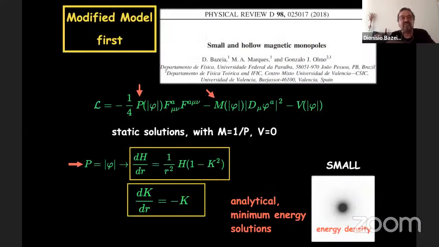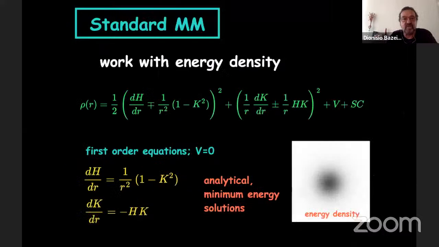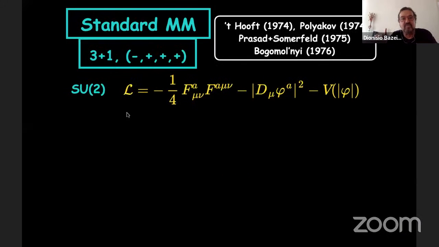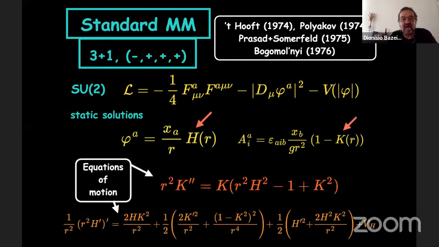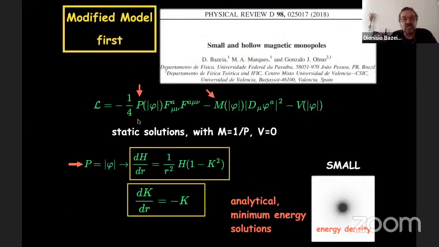Now I go to the first model we studied in this work. What we did was take the same SU(2) model, and we added this P of phi and M of phi. We had to do this to get to the Bogomolny procedure. We added M, controlling the covariant derivative, and P, controlling the gauge field kinematics.